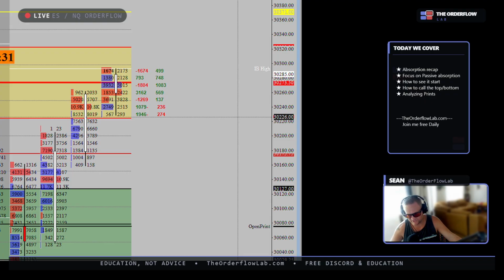Okay, you see the sellers starting to step back into this auction? So they sold a whole bunch here. They sold a ton here. Now he's starting to absorb. Strong buying coming up. Now he's starting to take on inventory. I'm looking for sellers to engage here. This is what I want to see.